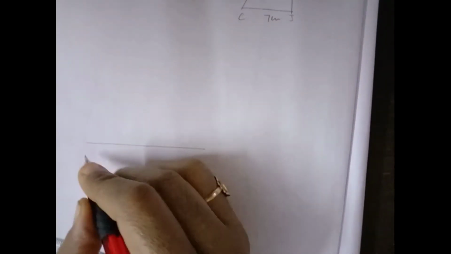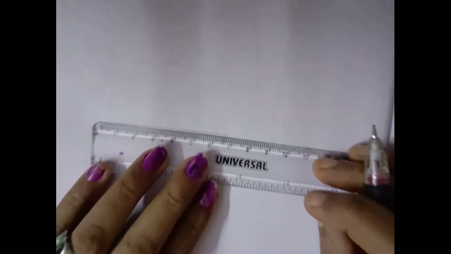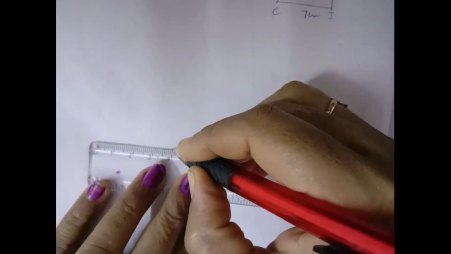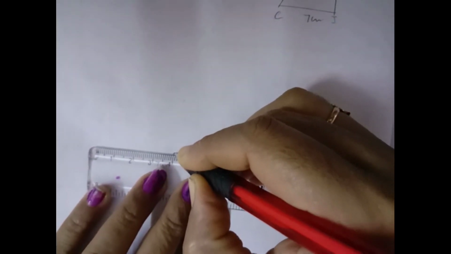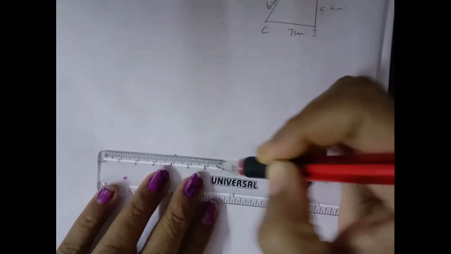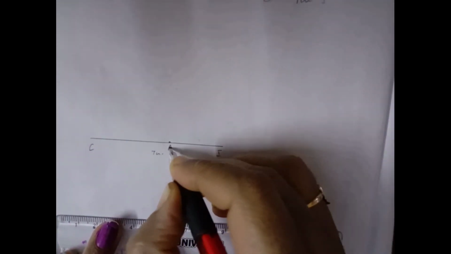CI 7 centimeter. Then mark A on C and Y. CA equal to 4 centimeter.